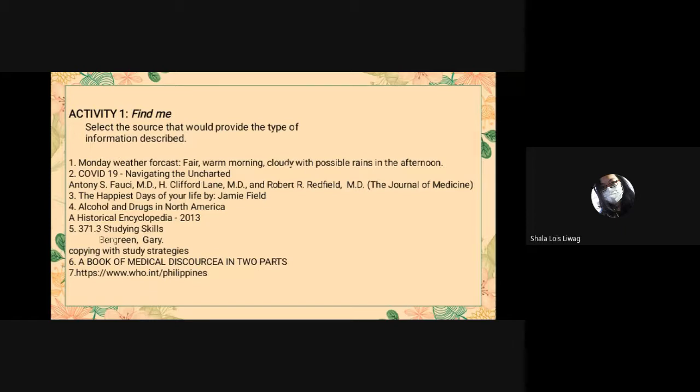Okay, time's up. Exchange your paper with your seatmate and write corrected by. So what's the answer in number 1? Yes, Mia. Okay, correct. How about number 2? Yes. Okay, correct. Number 3, Erica. Correct. Number 4, other hand please. Okay, Alea. Thank you. Number 5, yes, Russell.